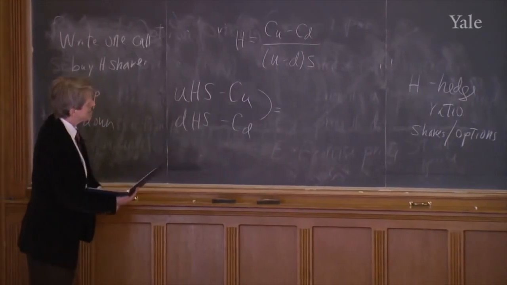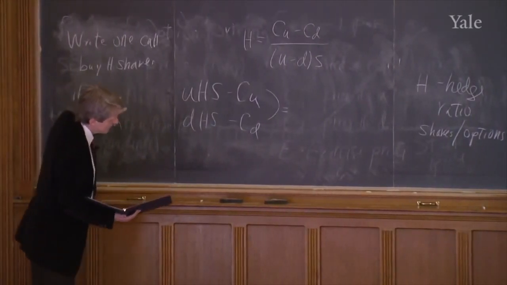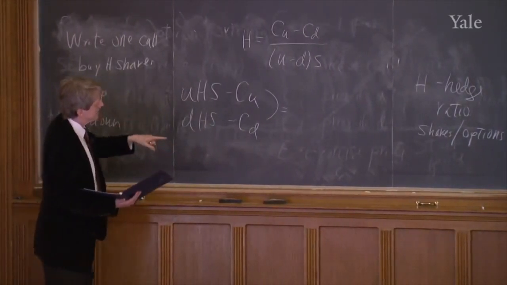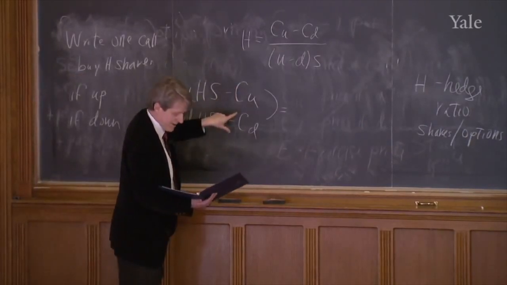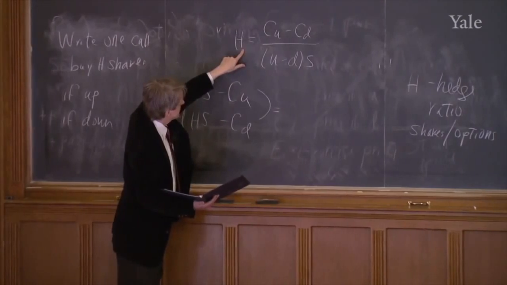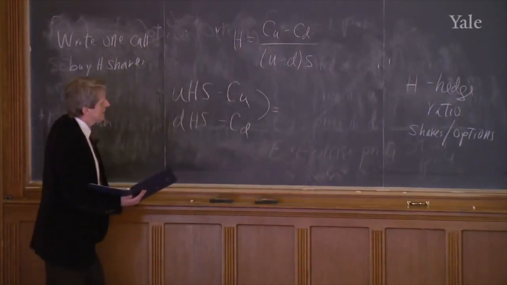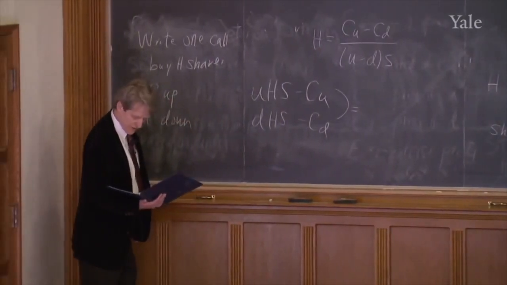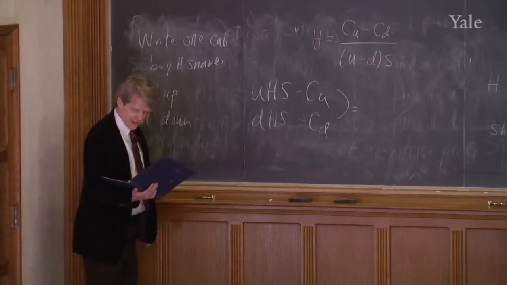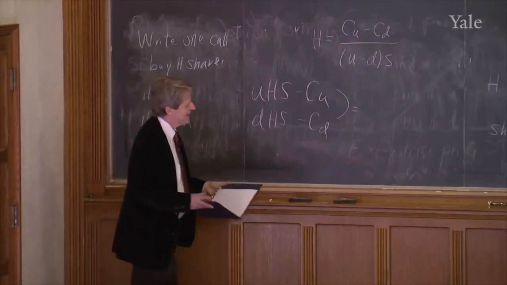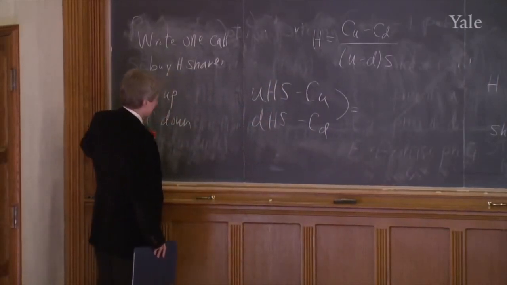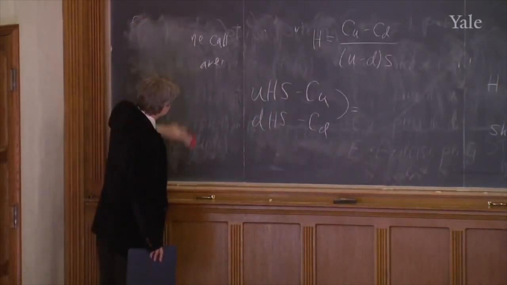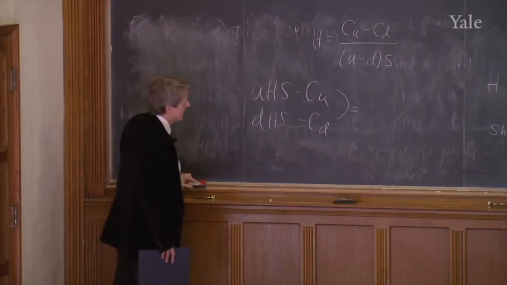So I've been able to put together a portfolio of the stock and the option that has zero risk. If I hold this amount of shares in my portfolio, I've got a riskless portfolio. So that means that the riskless portfolio has to earn the riskless rate, right? It's the same thing as a riskless rate, so it has to earn that.